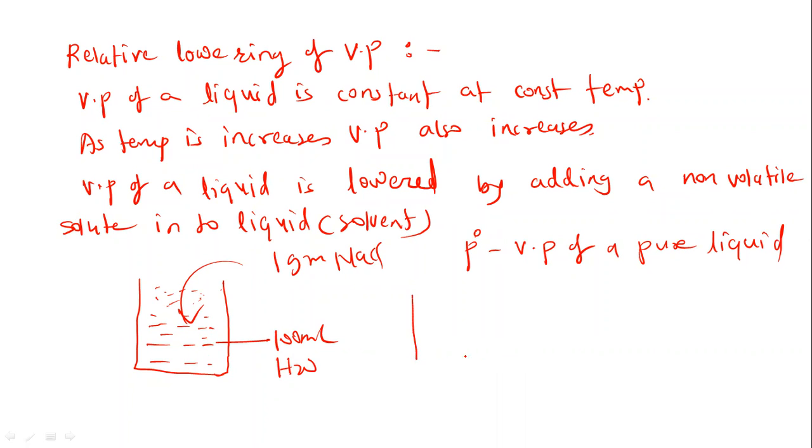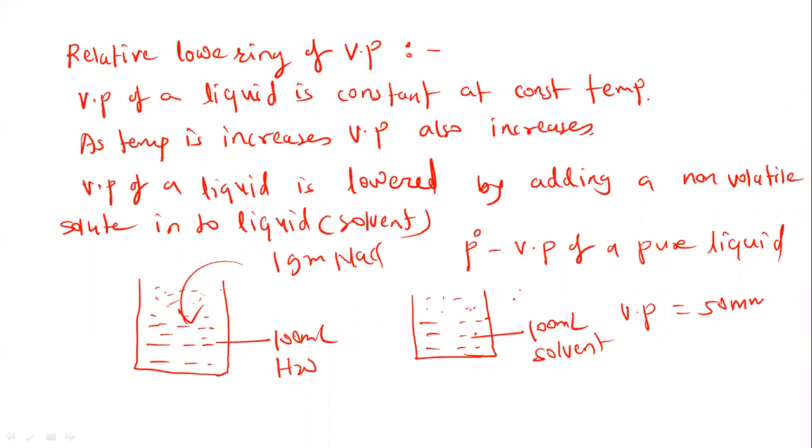Just the solvent, 100 ml of water, pure liquid. No solute is added here. So suppose the vapor pressure is, let us imagine, about 50 millimeter. Vapors are there, and the vapor pressure is 50 millimeter.